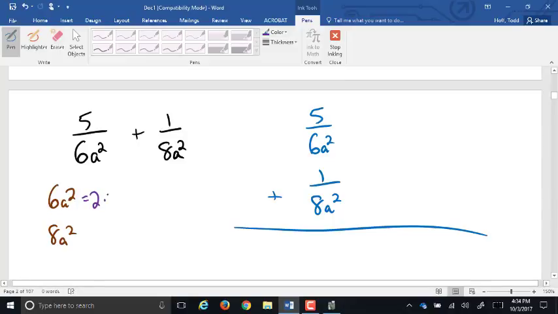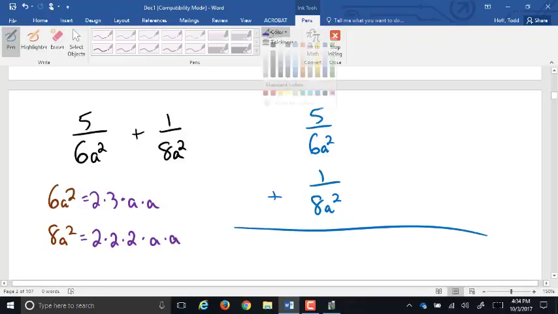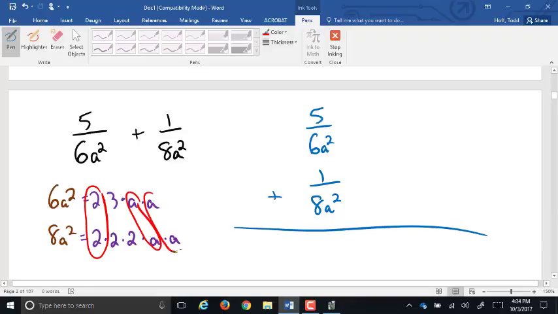Factoring 6 would be 2 times 3. A squared is just a times a. For 8a squared, well, 8 is just 2 times 2 times 2. A squared is a times a. If we look at what they have in common, they have a 2, they have an a, and they have another a.